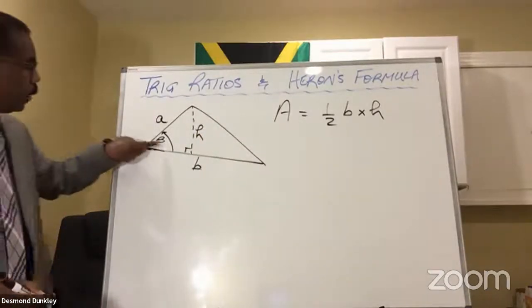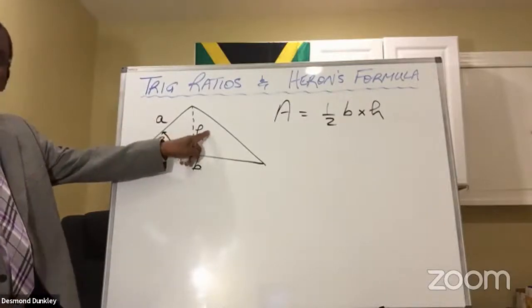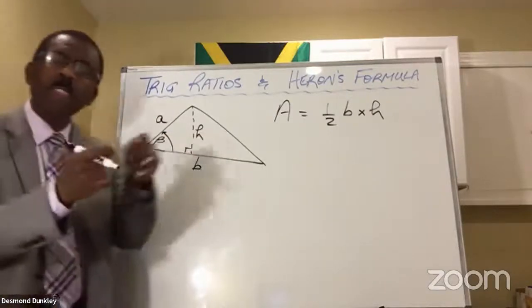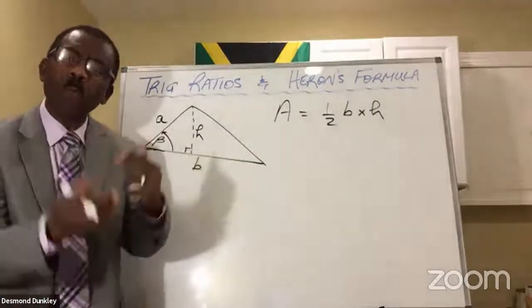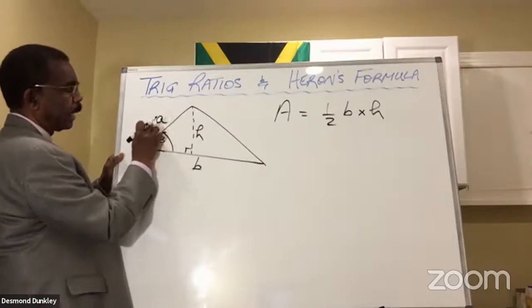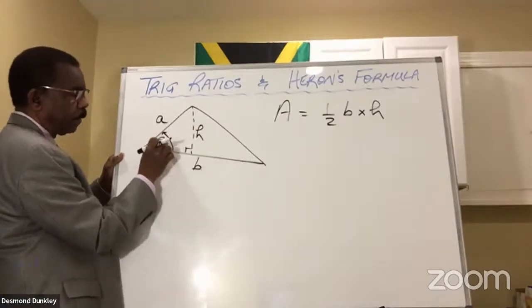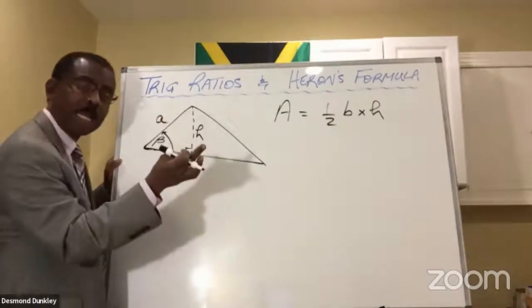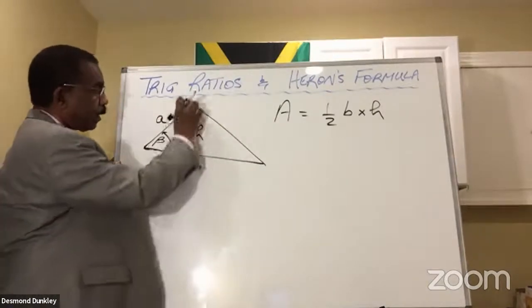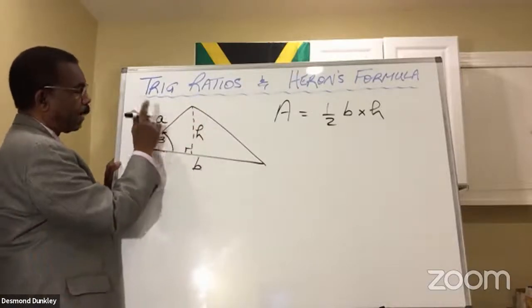We know this angle, we know this side, we don't know the height. So what formula do we know? What ratio do we know that involves these two sides relative to the angle that we have? Well, according to our understanding, we have a right triangle here. This here is the hypotenuse.